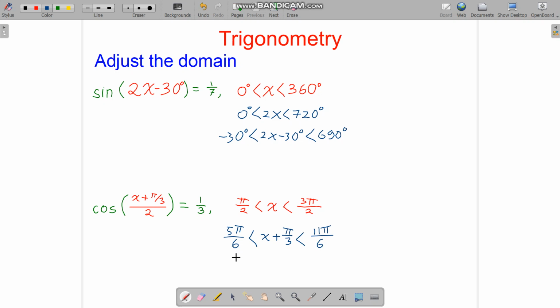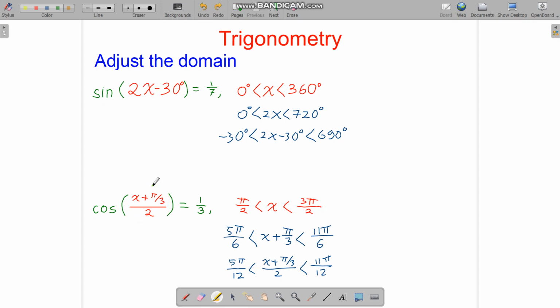And then we divide everything by 2. We have 5 pi over 12, x plus pi over 3 all over 2, 11 pi over 12. This is called adjusting the domain so that it's in the form exactly like the angle we are dealing with.